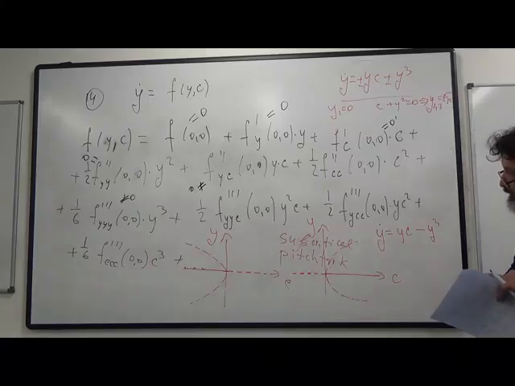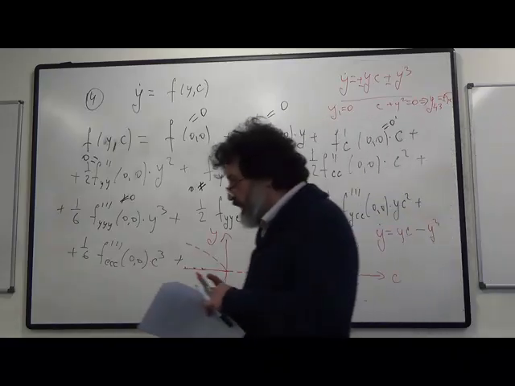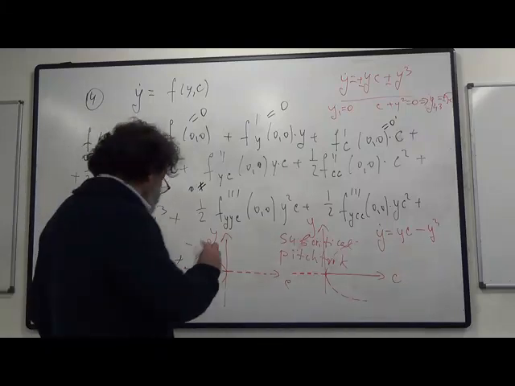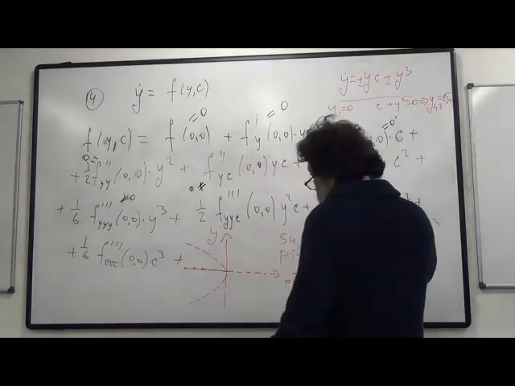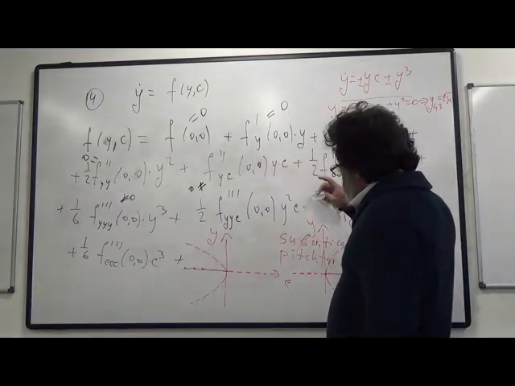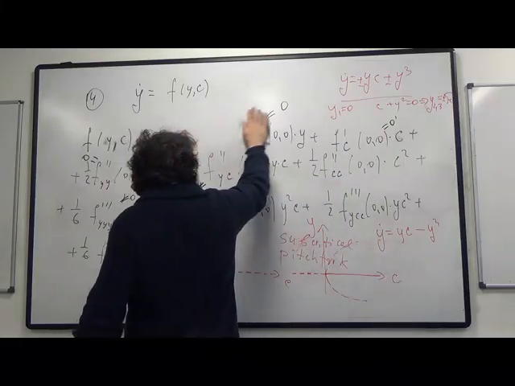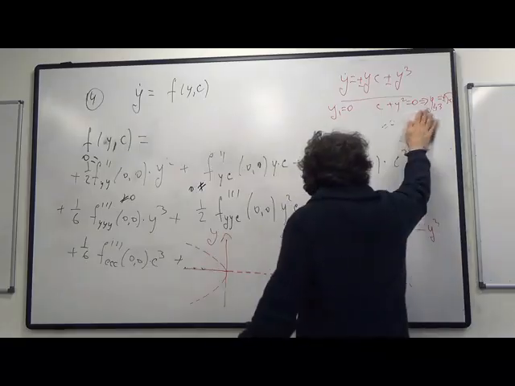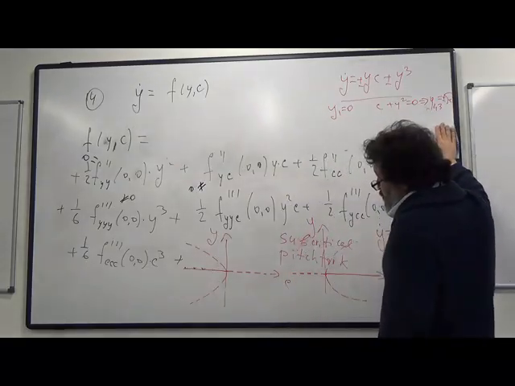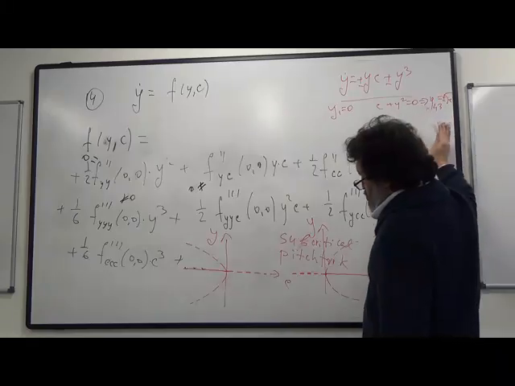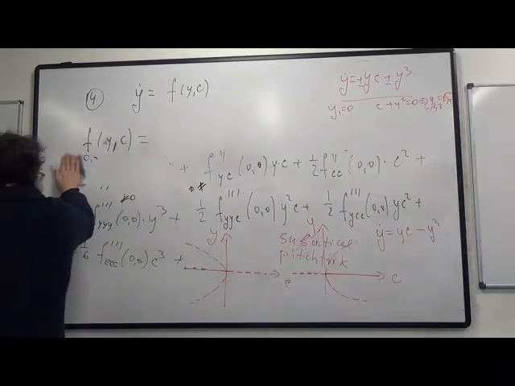Okay, and now maybe I will tell you why only this is enough. So what did we decide? We decided that these 3 guys are zeros. Okay, I will remove them. Then this should be also 0.